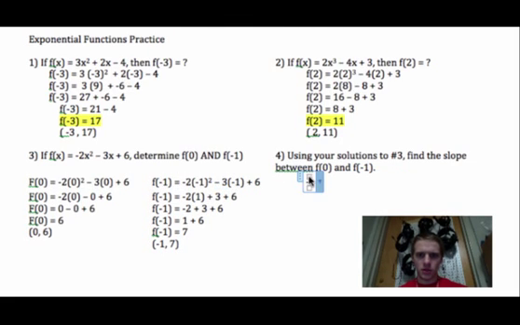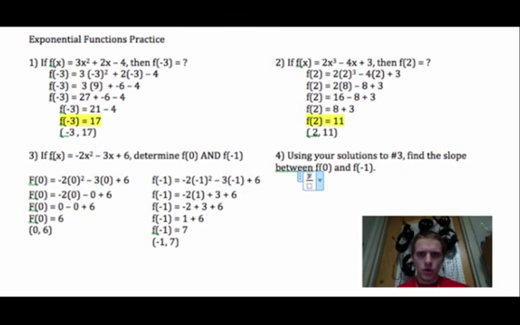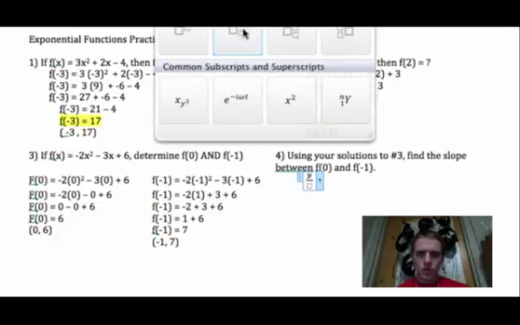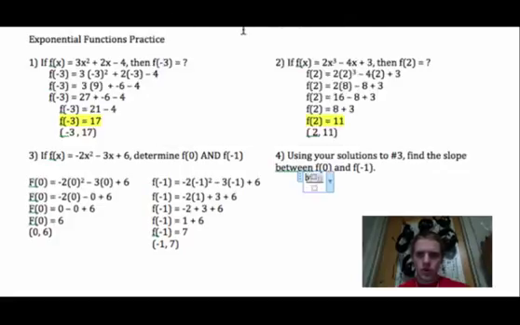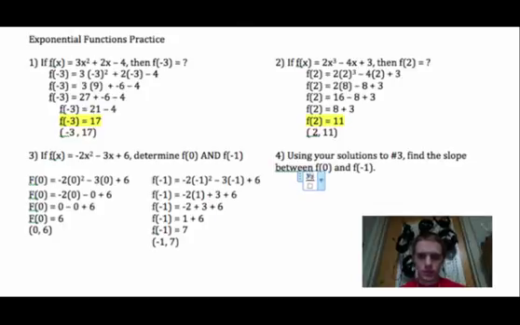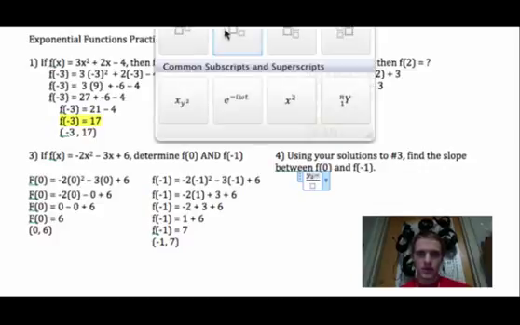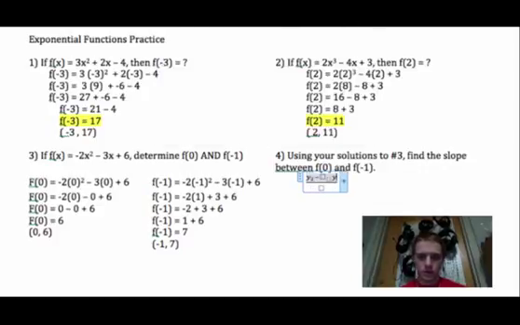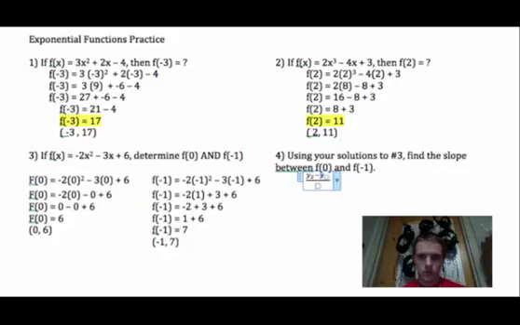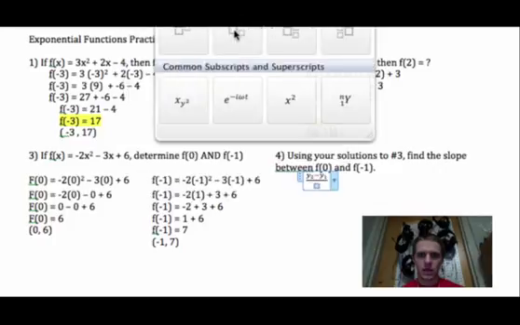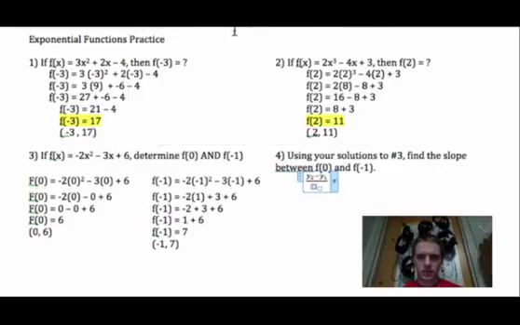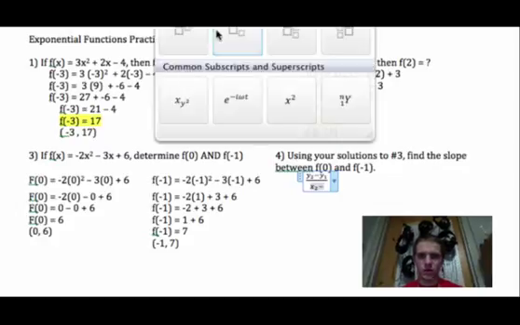The slope formula is y2 minus y1 divided by x2 minus x1.